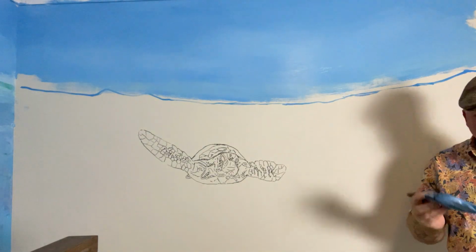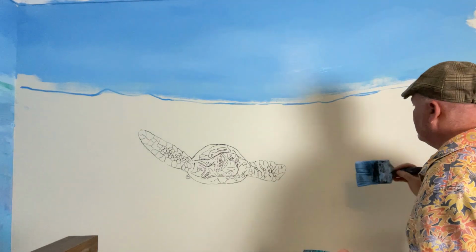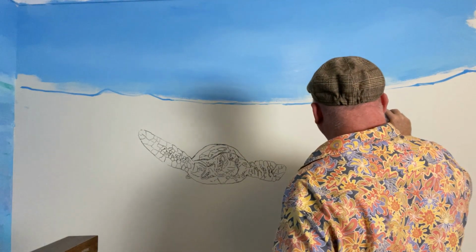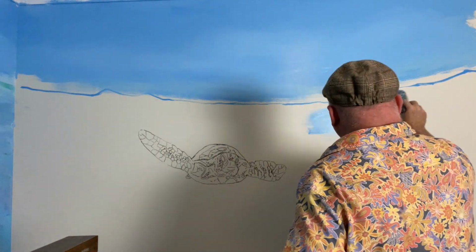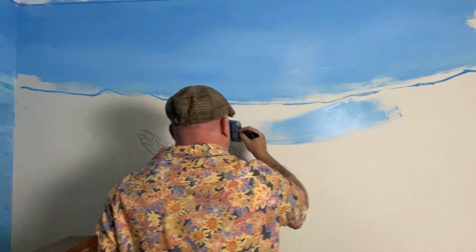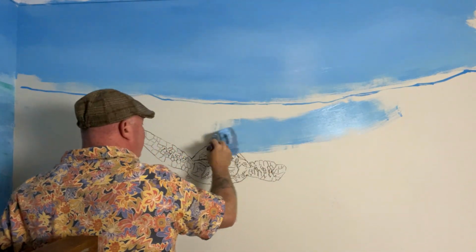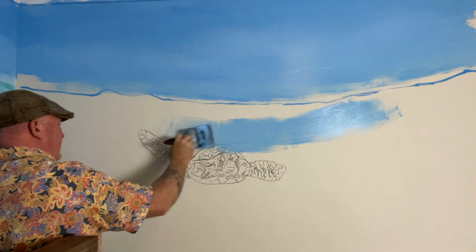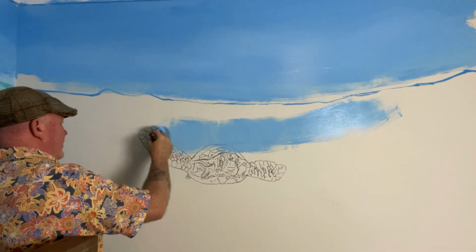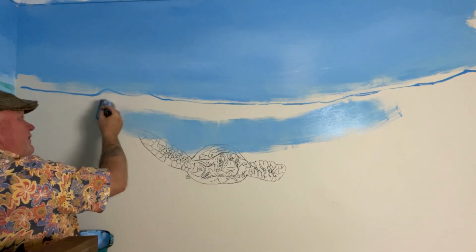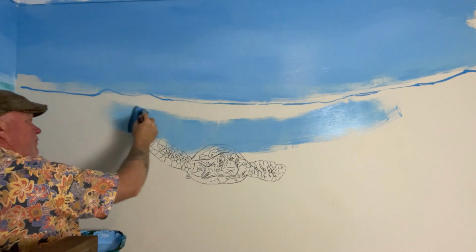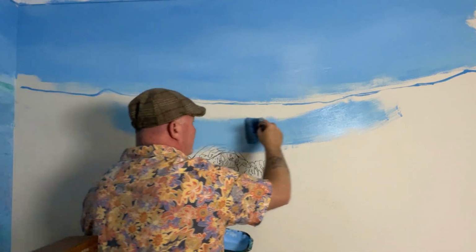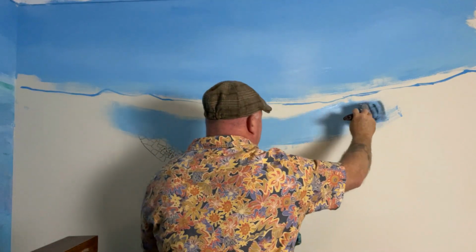So while I've still got this blue, I'm going to come down here and give a little bit of a curve to this, just so I've got a background colour to work with. I'm not worried about the colour just yet. I just want to get that sort of shape of the water in there. That sort of thing.